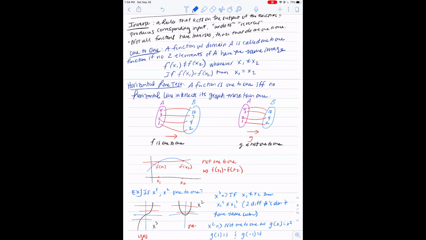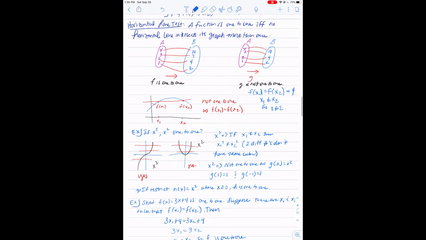Here, g is not one-to-one because f(x1) equals f(x2), which is 4, but our x1 and x2 aren't equal, as 3 does not equal 2. So g is not one-to-one.